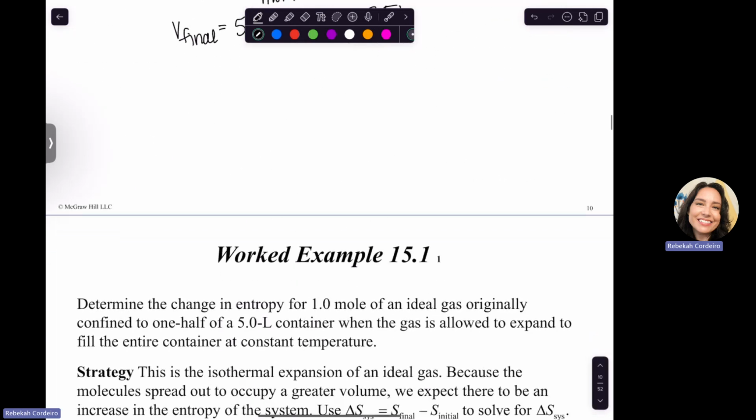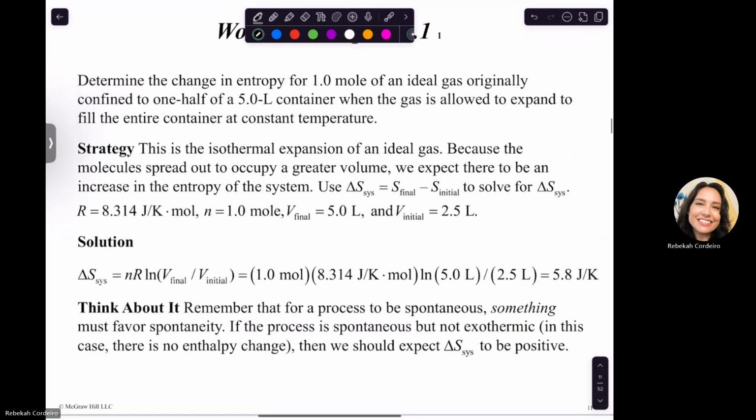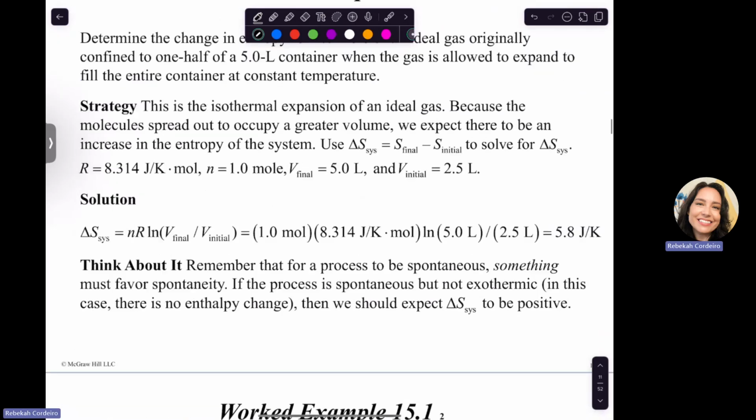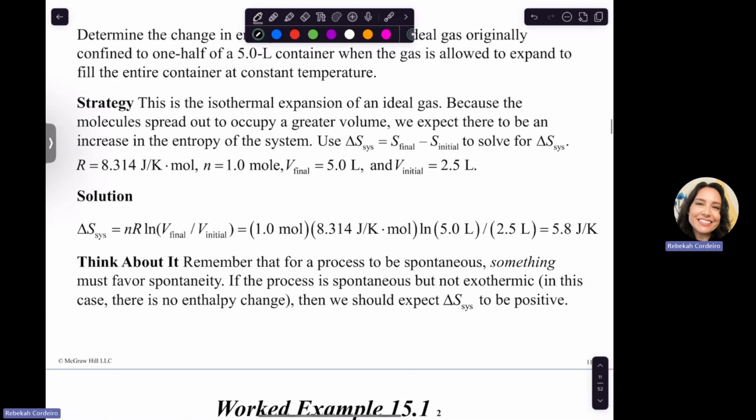So when we go to plug all that in, we will get 1 mole times our R, and then the natural log of 5 divided by 2.5. So you should get 5.8 joules per Kelvin because the moles cancel out.